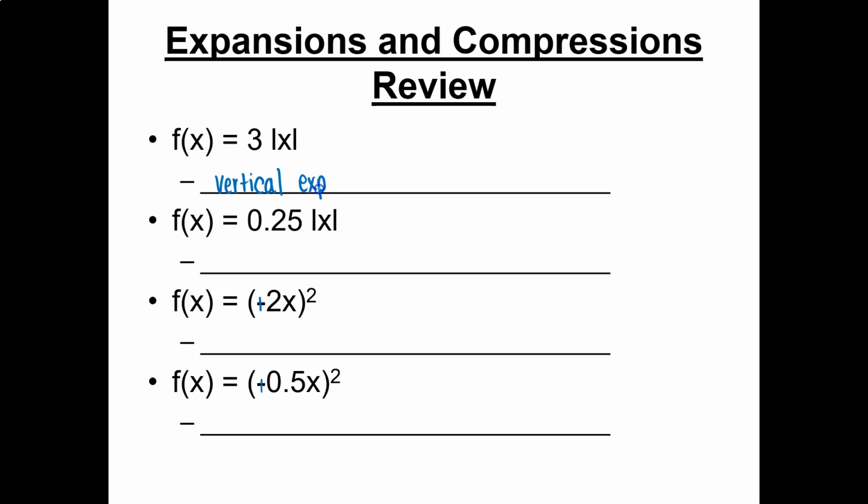Expansion by a factor of 3. Expansion because it's a big number. When I say big, I mean bigger than 1. So it makes the graph bigger. All right, Lily, what about the next one? I got 0.25 times the absolute value of x. Good. Vertical compression.